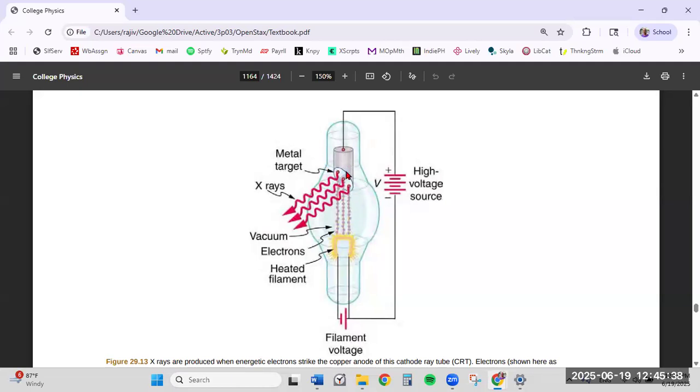In that process, electromagnetic radiation is emitted, and that's shown here. Depending on the energy of the incident electrons, that will determine the energy of the radiation and therefore its frequency.